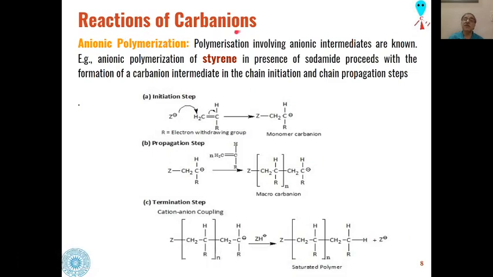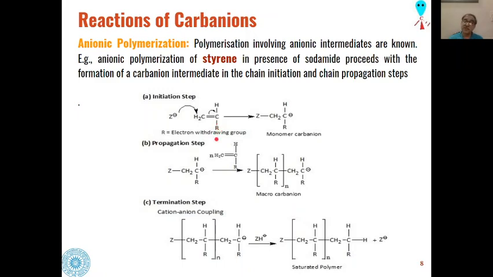Then another example of involvement of carbanions as intermediates is in case of anionic polymerization. So anionic polymerization of styrene in the presence of sodamide base is the best example of involvement of carbanion intermediate. So here R is an electron withdrawing group, and if we say styrene, that means R will be phenyl over here.